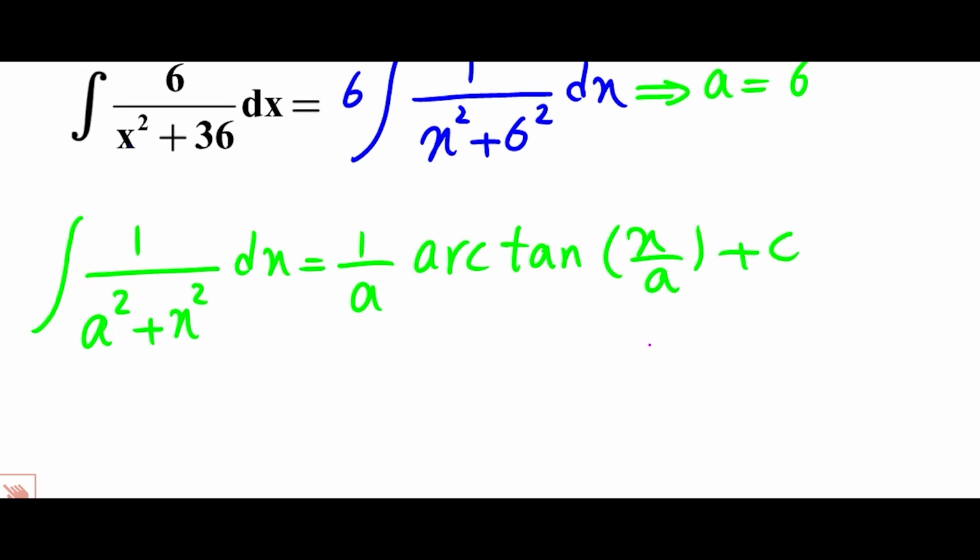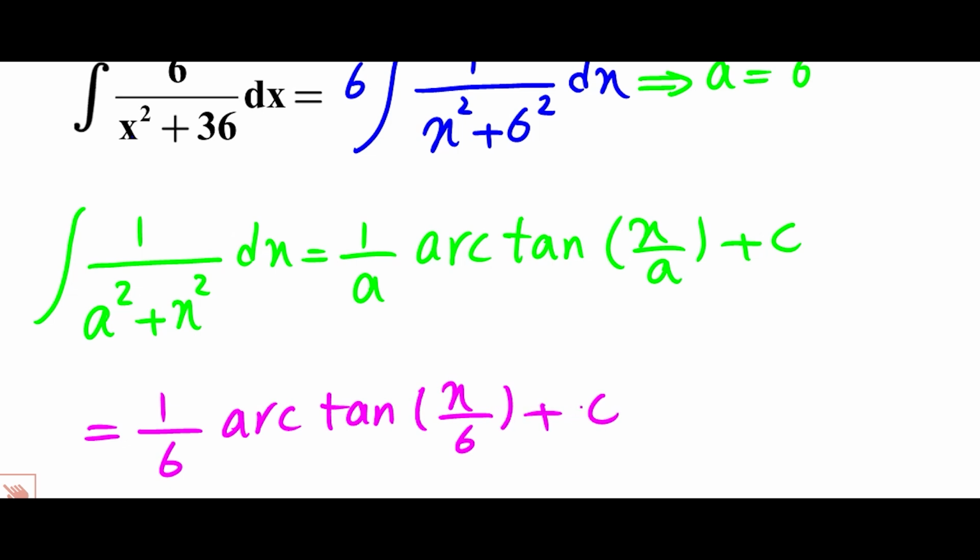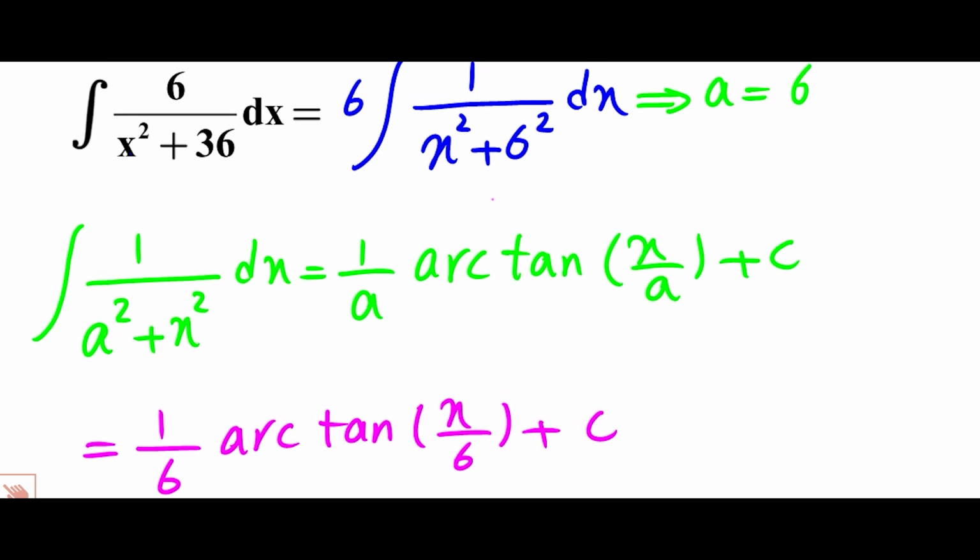So we have 1 over a, which is 1 over 6, arctangent of x over 6 plus c, right? And we have 6. So this expression times 6, right? So the final answer is arctangent of x over 6 plus c.